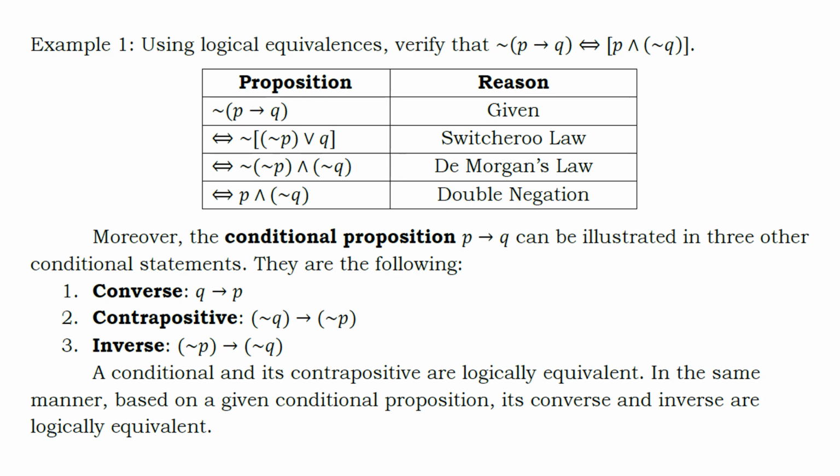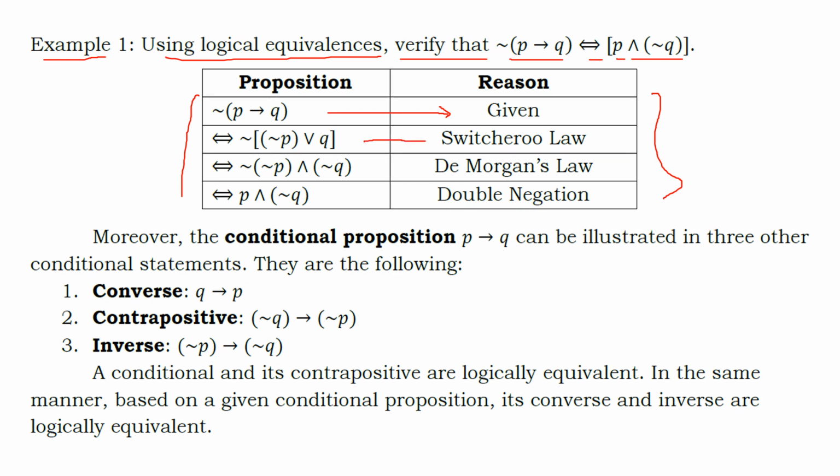For example number 1, using logical equivalences, verify that negation (P conditional Q) is equivalent to P conjunction negation Q. In the first column there's a given proposition, and in the second column a given reason. Negation (P conditional Q) is the given. Then it is equivalent to negation (negation P disjunction Q), by the switcheroo law.